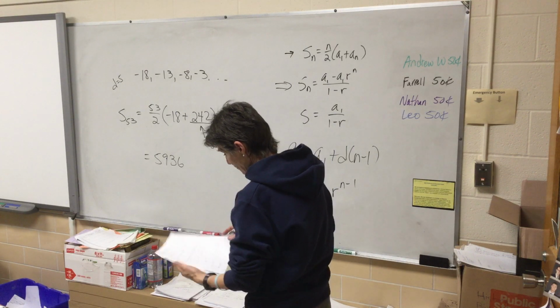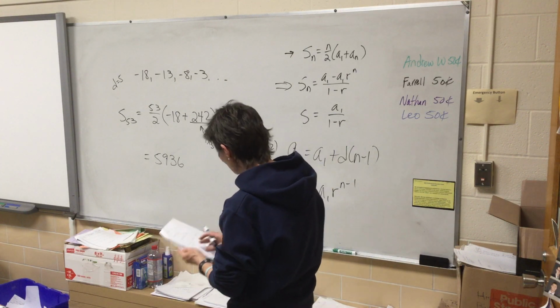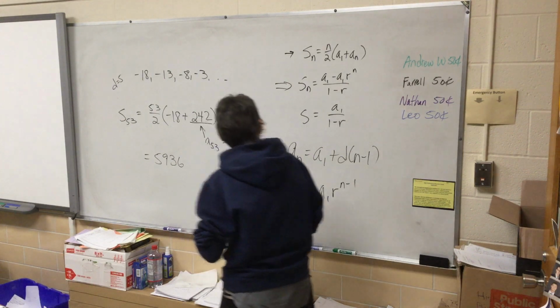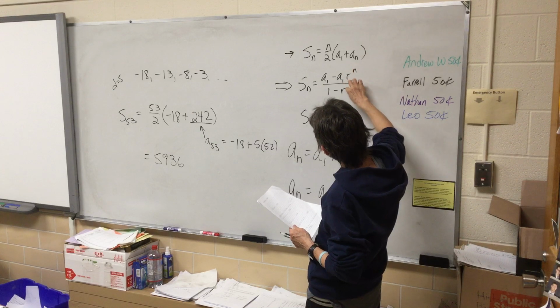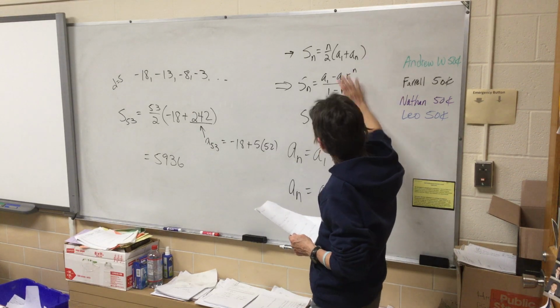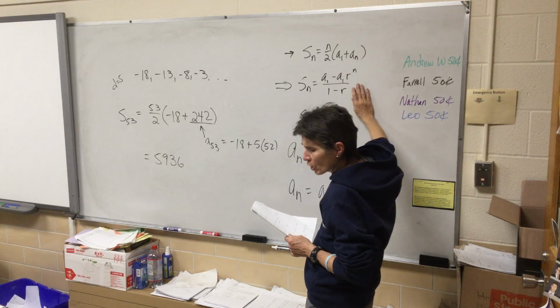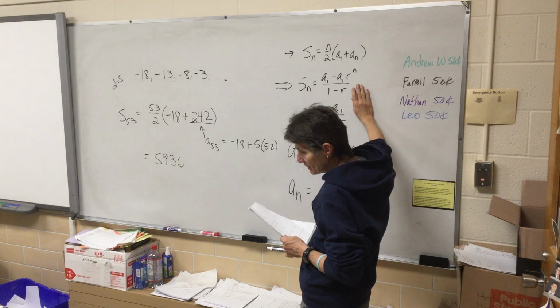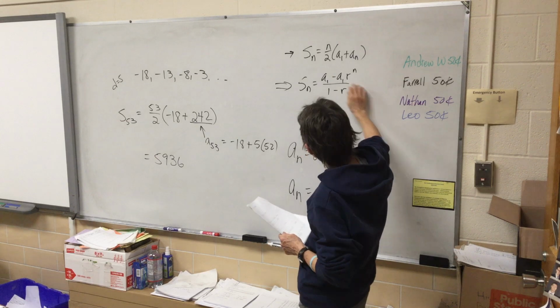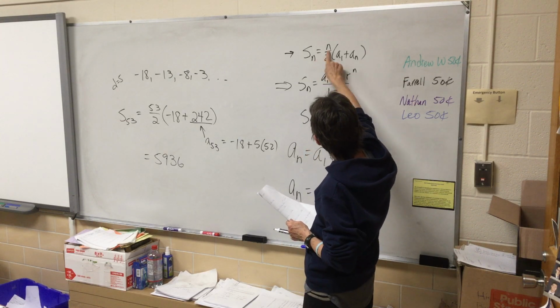Now we are going to find some sums of infinite series. Now here's the deal, kids. Neither one of these formulas, these two up here at the top, would work if the sequence is infinite. Because what does n stand for? We have all these n's in here.